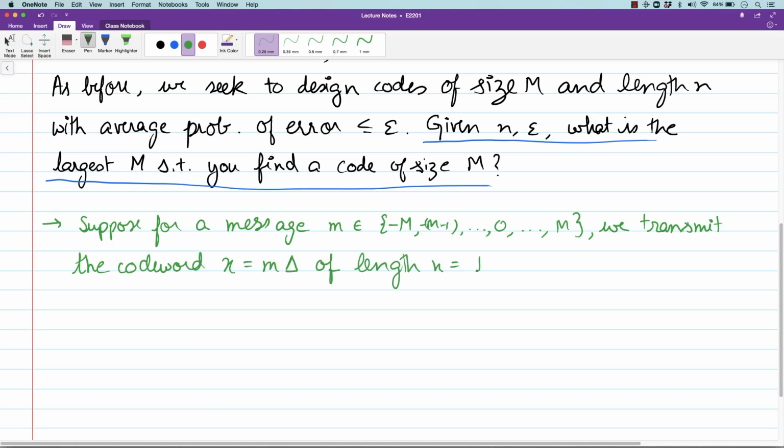So you just send a single number. Then what's the probability of error?